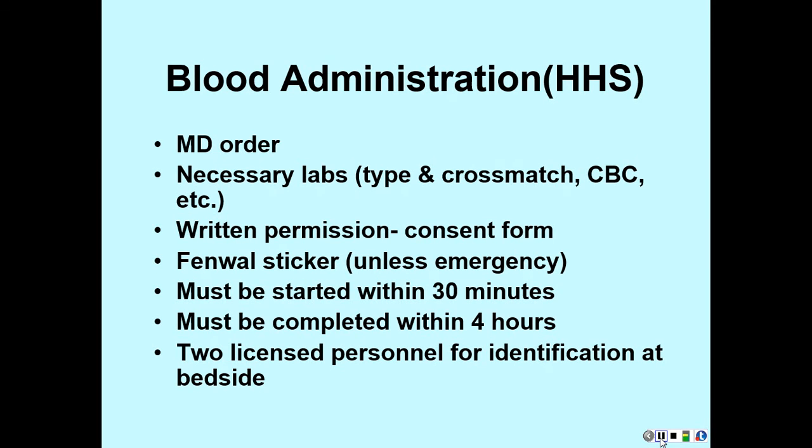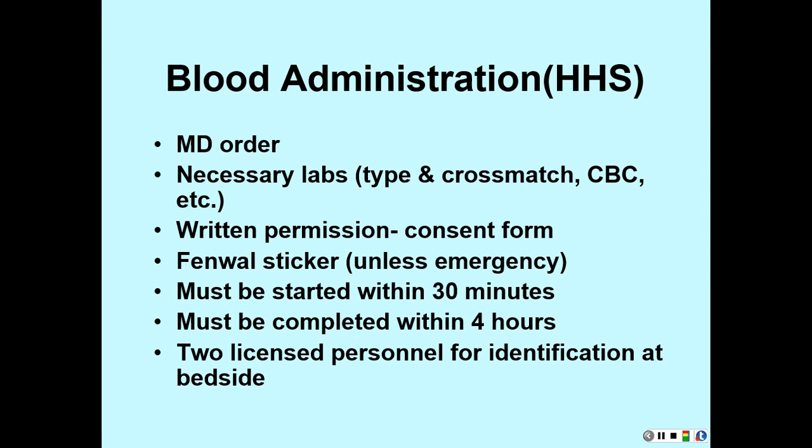We will need necessary labs ahead of time. These are usually ordered. However, you're not going to give any kind of blood unless you have typed and cross-matched your patient. So what that means is the lab is going to get the blood type of the patient. They're going to do that test.